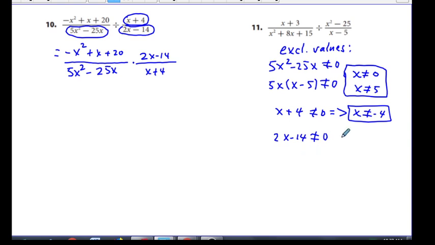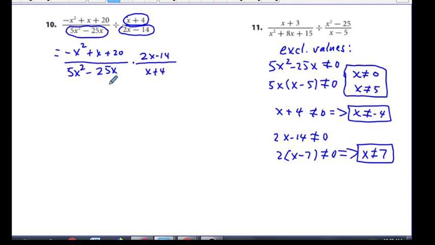So we have, that's going to be 2 times x minus 7 cannot equal 0. So x cannot equal 7. So these would be just our excluded values here.